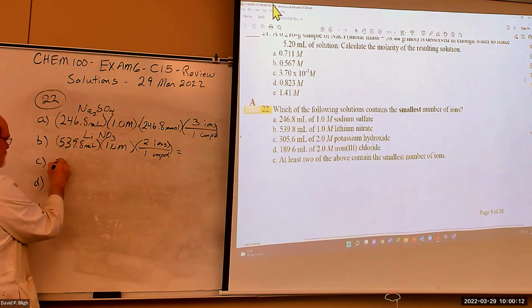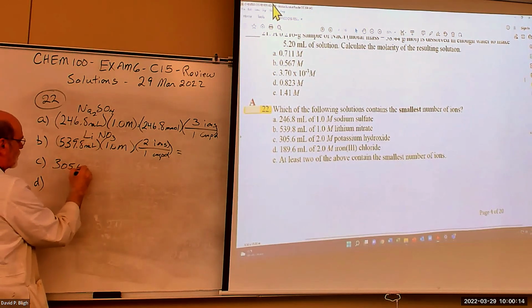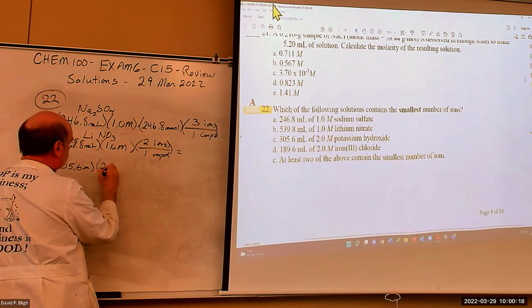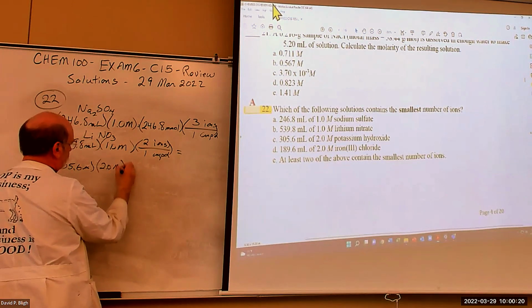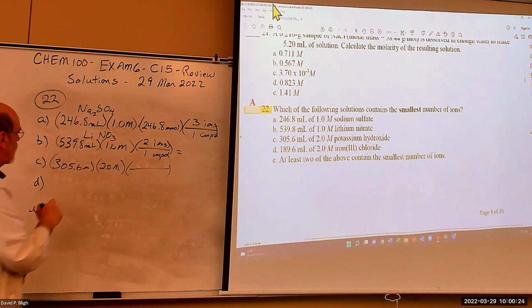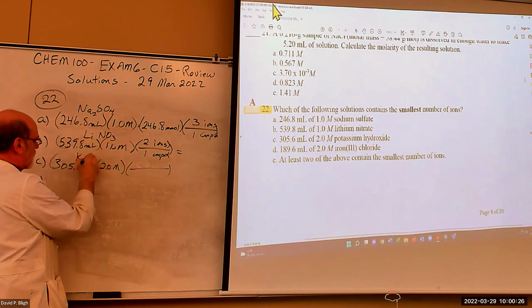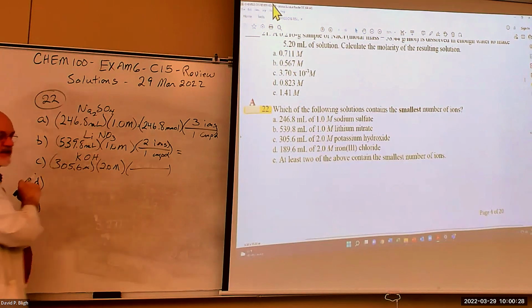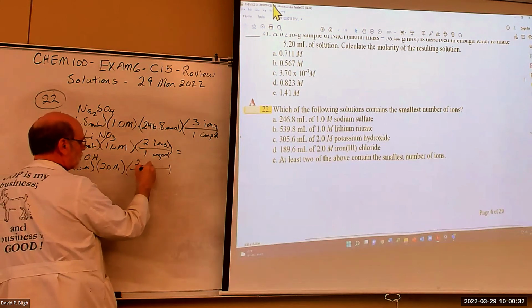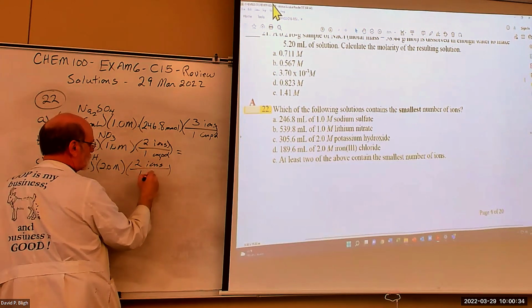Okay. Next one, 305.6 milliliters times 2 molar. And then what's the conversion here? Potassium hydroxide, KOH. Potassium is +1, hydroxide is -1. We only have 2. 2 ions, 1 compound.